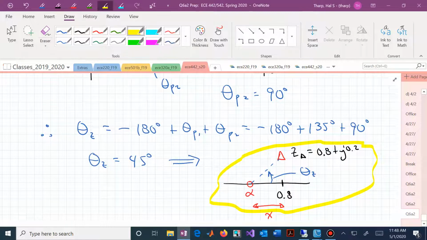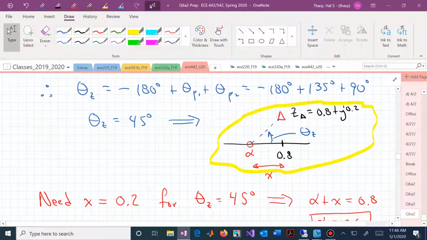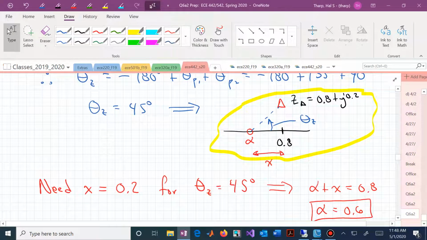To get 45 degrees, we need the same distance horizontally. So now we know x is equal to 0.2. That immediately tells us what alpha is, because alpha, the 0 location, plus x, which is 0.2, needs to get us to that real axis value of 0.8. So alpha in this case is 0.6.